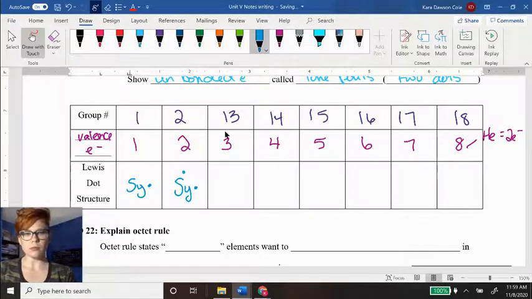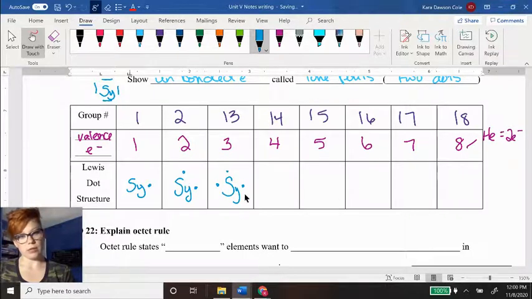When we draw these, we pretend the symbol is like a box. We don't put any dots on the corners, we just put them on the lines. Group 13 has 3 valence electrons, so we would have the symbol of the element and 3 dots around it.